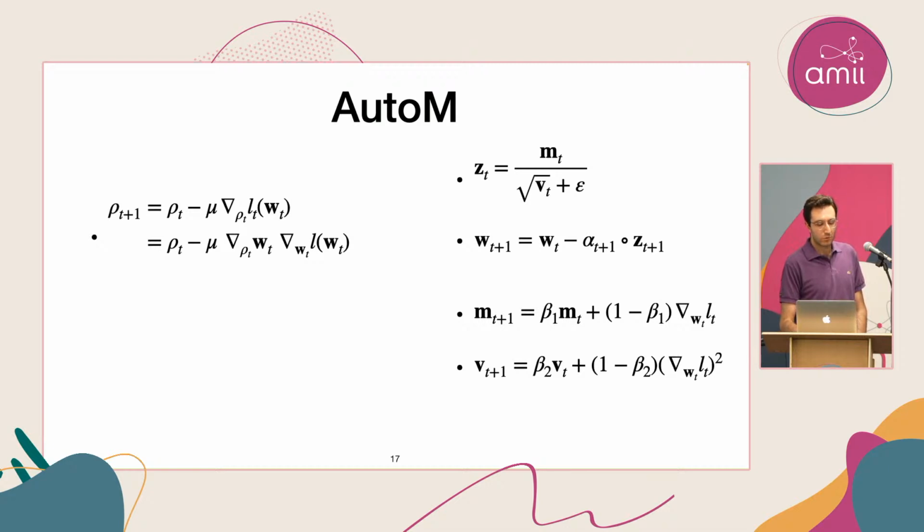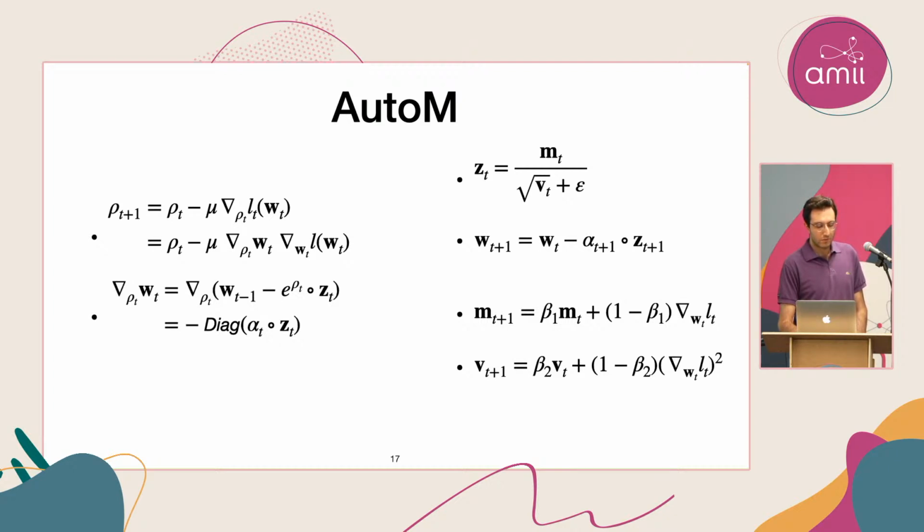We want to update it by gradient descent, so we take a step toward the negative of the gradient of the loss with respect to rho. Then we apply the chain rule: the gradient of loss with respect to weight times the gradient of weight with respect to rho, both of which are matrices. Then we have to compute this inner quantity, the gradient of weight with respect to rho.